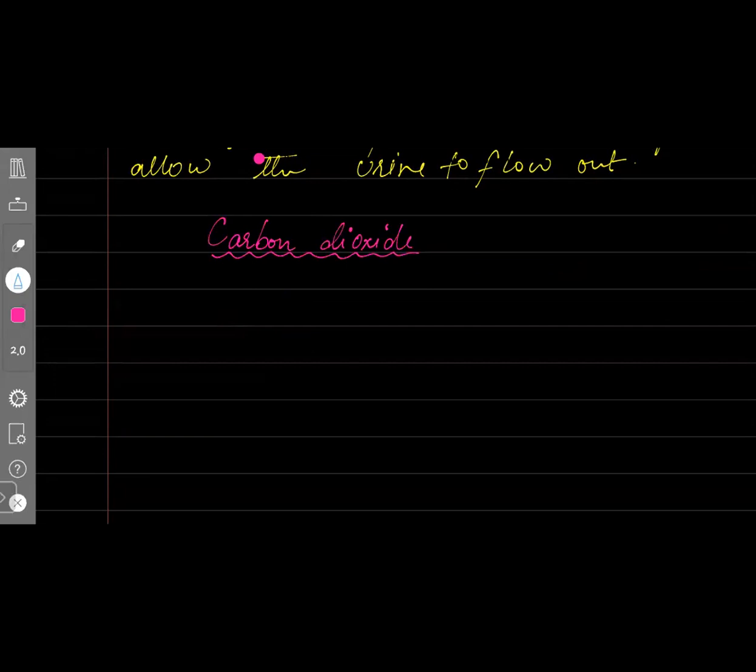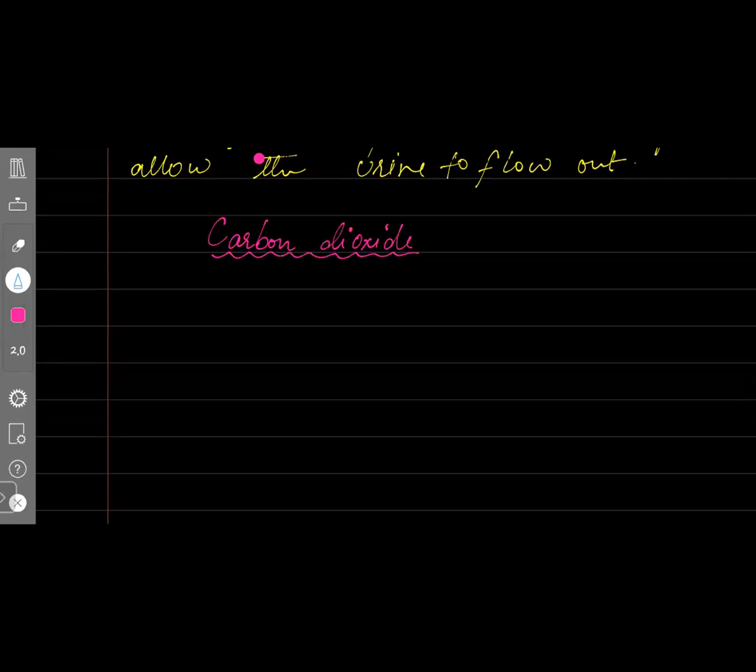In the respiration process, we have learned in the respiratory system how oxygen gets into our body, and alveoli will give it to the capillaries. Inside the capillaries there will be blood, and blood will carry this oxygen and deliver it to the cells.